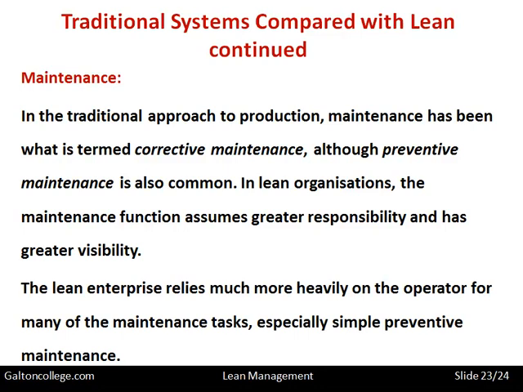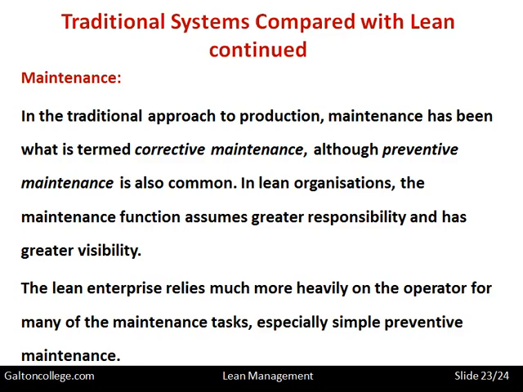The lean enterprise relies much more heavily on the operator for many of the maintenance tasks. The people who work the machines may be doing a small task and there may be an element of boredom. So it might be quite interesting for them to have the skills of maintaining their machines, to make sure that their machine is in peak working order.